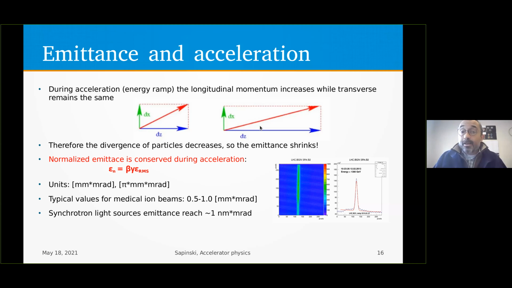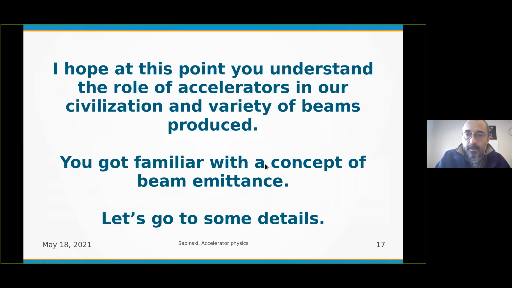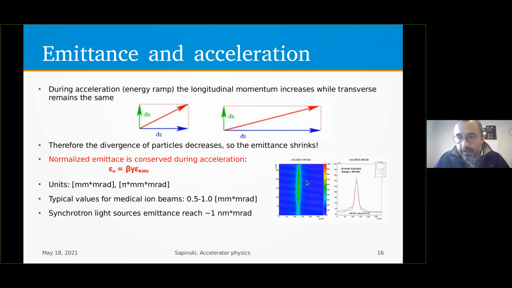So the emittance actually shrinks. Acceleration shrinks the emittance. I think it's shown here, this is the video of the beam shrinking during the acceleration in LHC. I don't know if it's well visible. This is real data from LHC from the first run.